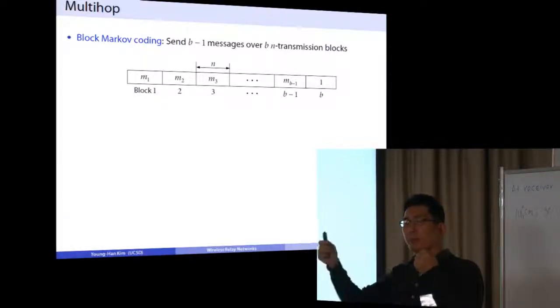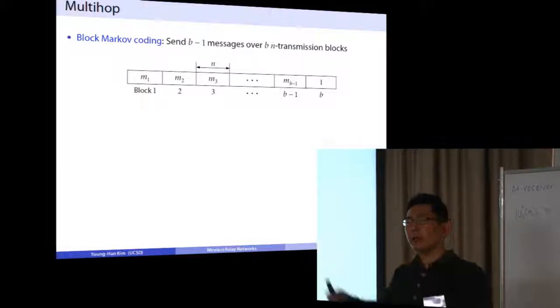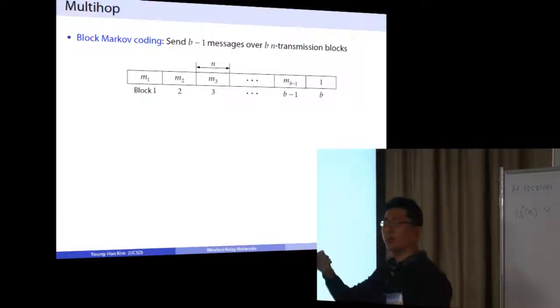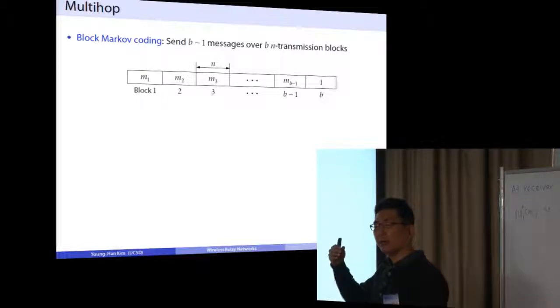And over those B blocks, we are going to send B-1 messages, pipelined one at a time. So over B blocks, we send B-1 messages indexed M1, M2, M3, and so on, up to M_{B-1}. At block 1, the sender transmits M1, at block 2, the sender transmits M2, and so on. And for the relay, in time block 2, it sends M1; it relays M1.